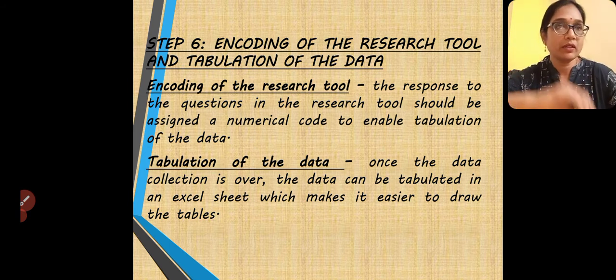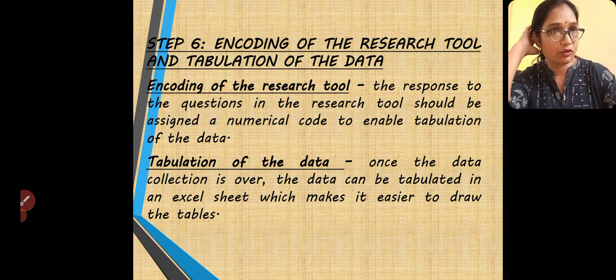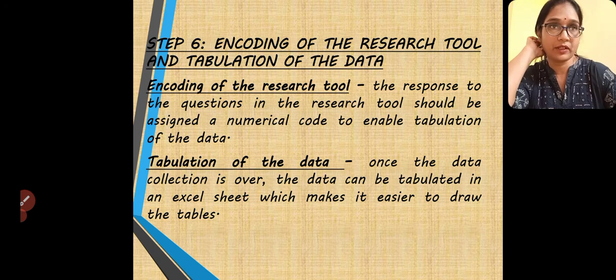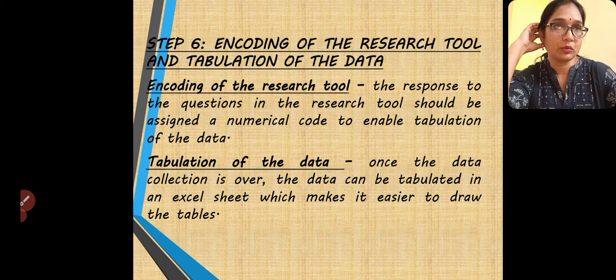Encoding of the research tool is very simple. For example, take the first section of your research tool, that is socio-demographic data. The first question is gender, male and female. You assign male number 1, female number 2.